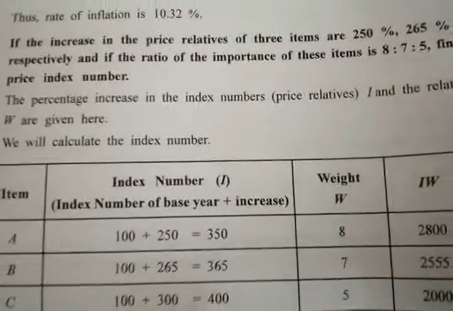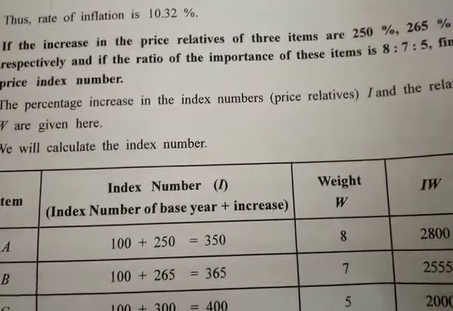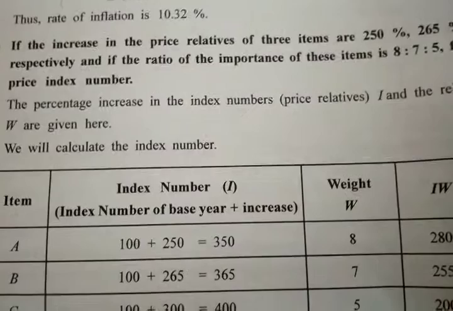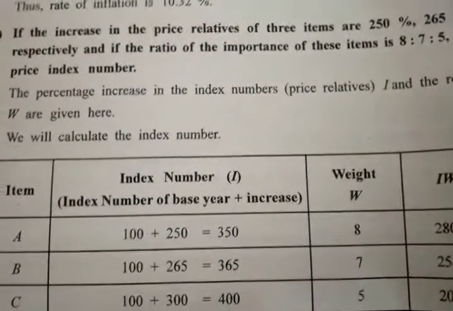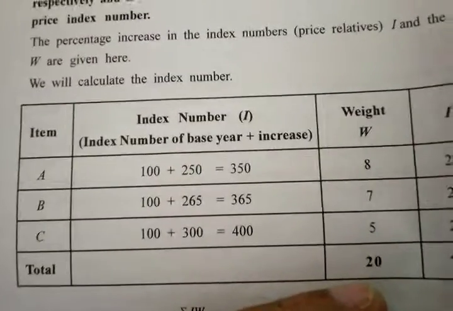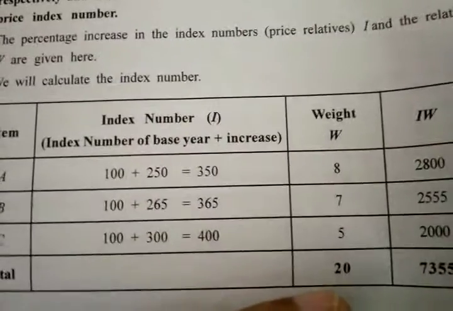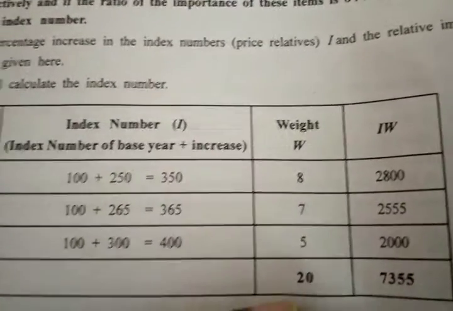Therefore what we do is, increase means 100 plus that increase. Base year is always 100. Therefore if 250% increase is there, it means 100 plus 250, it is 350. Index number of item A is 350. Weight is given as 8. Then we can find out IW, multiply it, 2800.